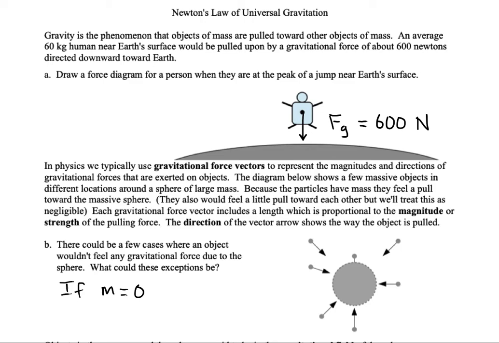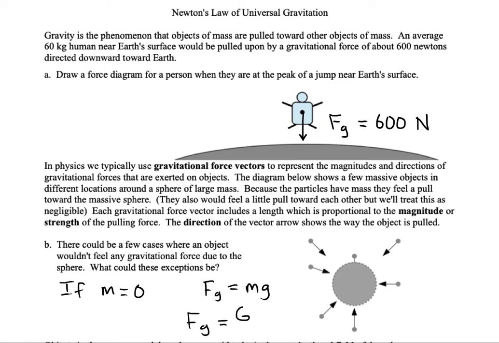And we have two formulas that we often use for gravitational forces. One of them is Fg equals mg. And clearly here, if the m were 0, then the force would be 0. We have another formula, though, for gravitational force.